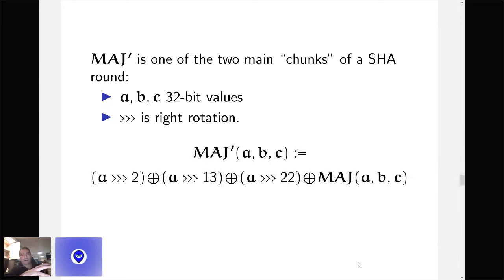Maj prime is this complicated thing. I take my first input A, and I do 3 different right bitwise rotations, and I XOR all of them bitwise. Then I take all this and bitwise XOR it with the bitwise majority of A, B, and C.